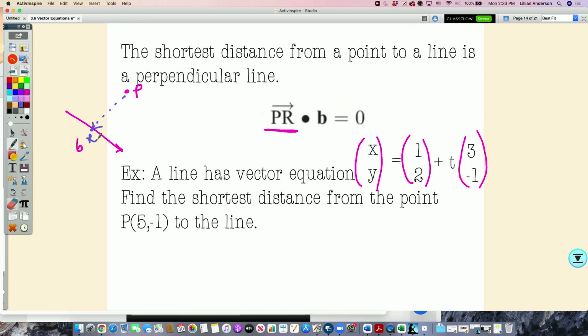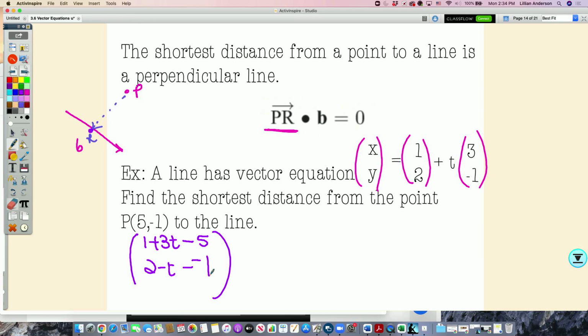So then to do that, you would essentially need to take the vector and subtract it from P. So that is the X value, 1 plus 3t minus the actual point P. So this 1 plus 3t essentially represents that point that's straight across from P, then minus the 5, and then 2 minus t, again this point, minus -1.